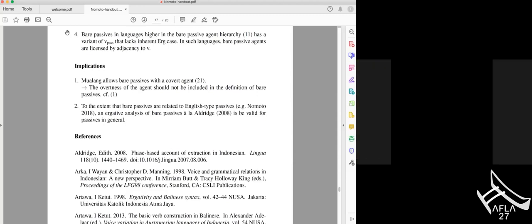All right. Yeah, so a lot of people cite Arka and Manning for the oblique status of the bare DP agent. Well, some people say it's not a DP but a PP, but this bare agent. I recently examined the binding facts again, and again found that the argument has a problem.